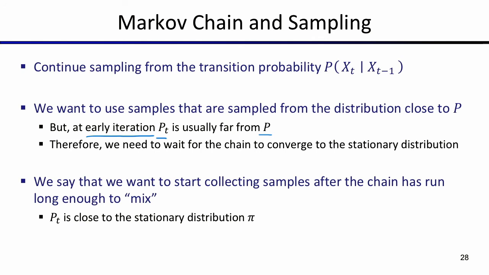So we need to wait for the chain to converge to the stationary distribution. Basically, we continue sampling the values and continue sampling the values. We call this state, where the chain has reached the stationary distribution, the mix. So we say that the chain has mixed. And it basically means that our current probability distribution is close to the stationary distribution pi. And we are ready to start sampling.